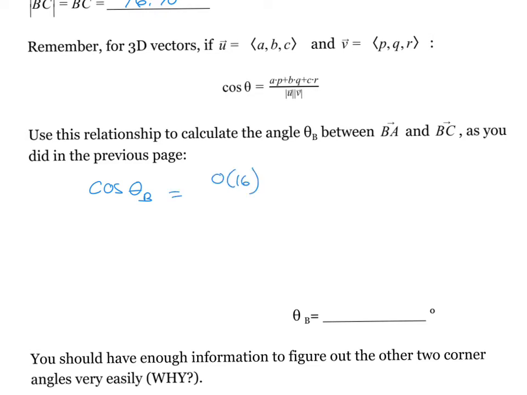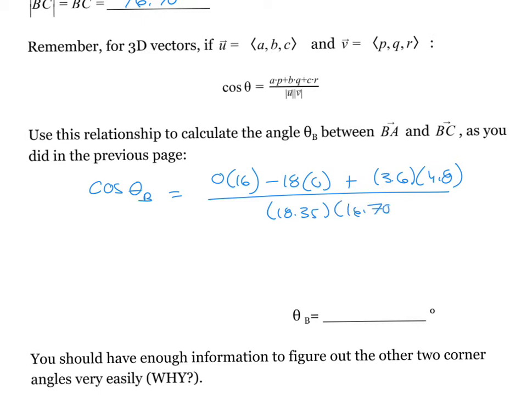We're just taking the like components of those edge vectors and multiplying and summing. Minus 18 times 0 plus 3.6 times 4.8 all over the product of the lengths. And that's cosine of the angle is equal to that.